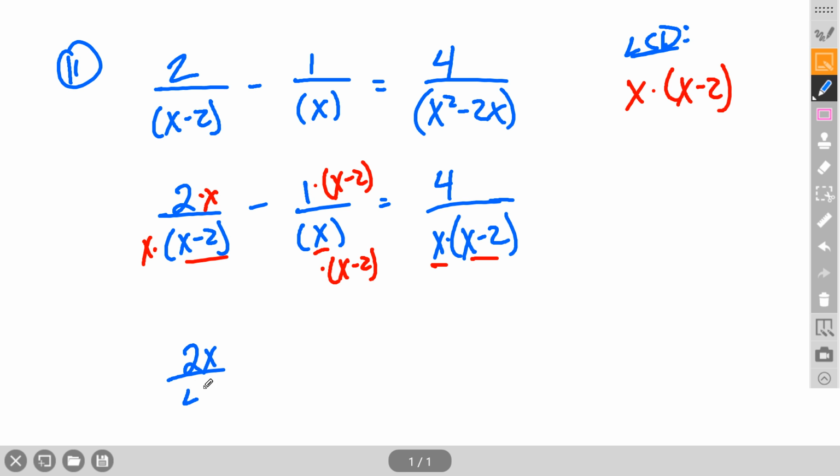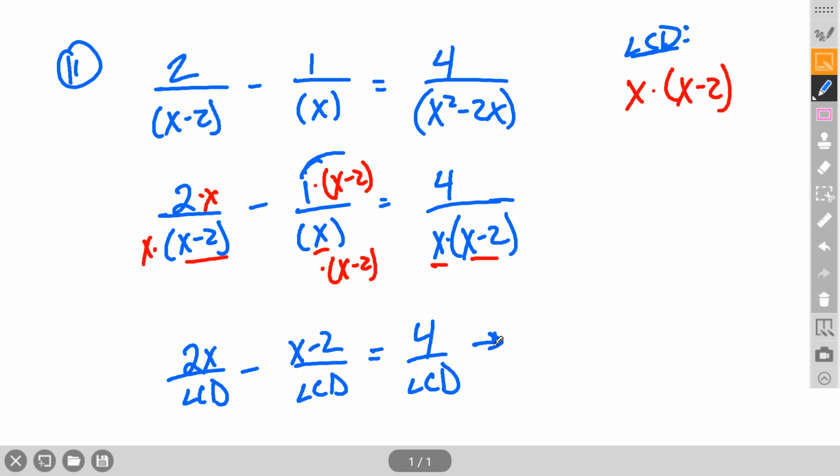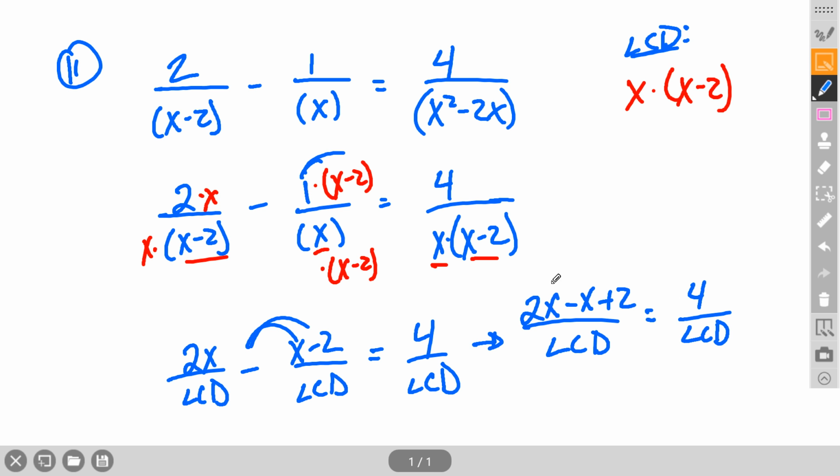Okay, so I just need to multiply. So this is 2x over the LCD minus, let's distribute, x minus 2 over the LCD equals 4 over the LCD. Let me go ahead and combine these into a single fraction. So remember, these are both subtracted. 2x minus x plus 2 over the LCD equals 4 over the LCD.